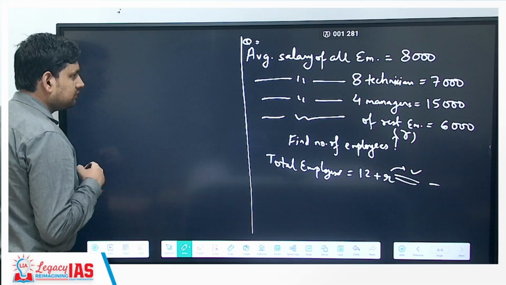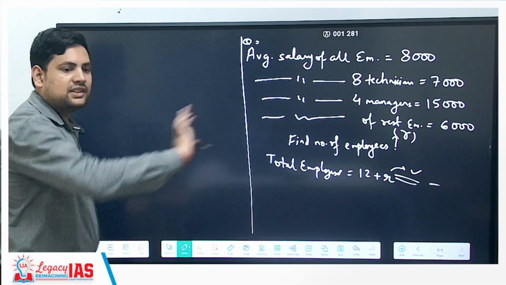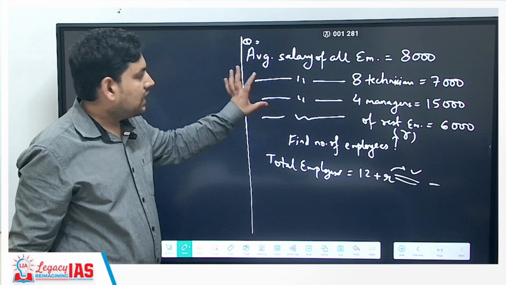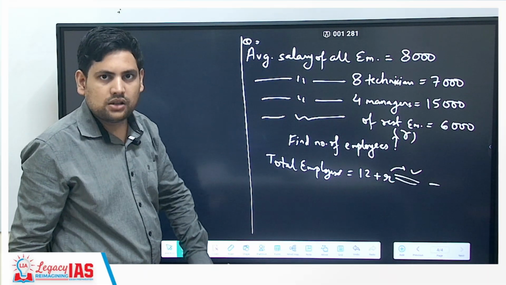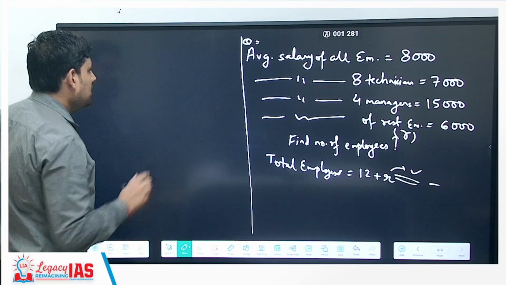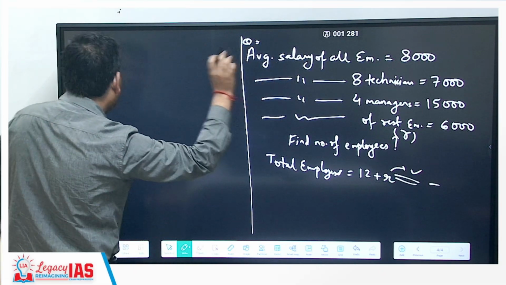Now, let's start with the biggest average that is given to you. We'll write the formula for that and then we will use S is equal to A into N for all of them. Average salary of all employees is 8,000.